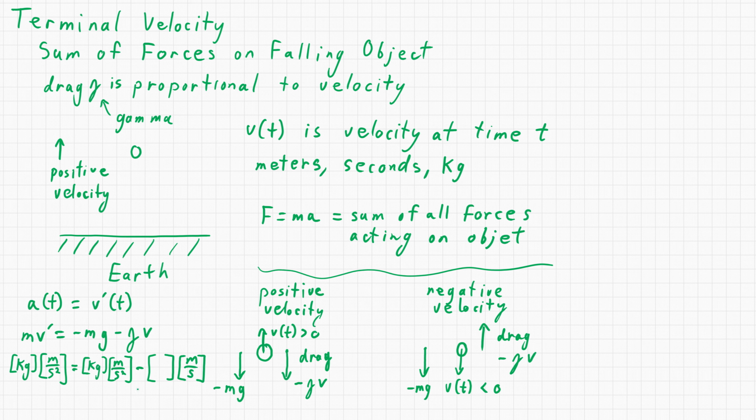If we want all of these terms to have the same units so we can add them together, then here we have meter kilograms per second squared, here we have meter kilograms per second squared, and here we have meters per second. So the gamma term is going to have units of kilograms per second in order to make this all work out. Just to write that down explicitly, gamma units are kilograms per second. That's how you form the differential equation, and now we'll do some examples.